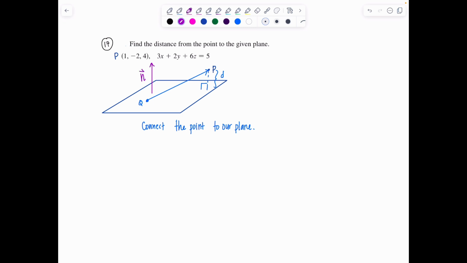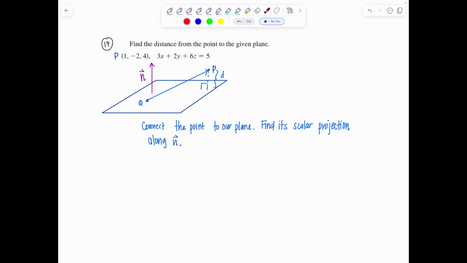So connect the point to our plane, then find its scalar projection along n. Then that will give me the distance that P is from the plane, because its scalar projection is a scalar, so it will just be the distance in the direction of the normal vector. It will give me this quantity here.